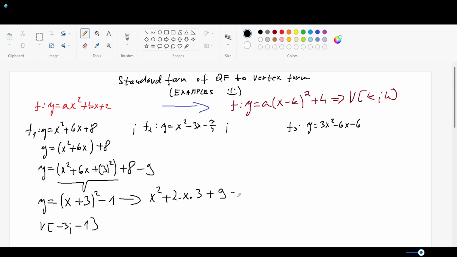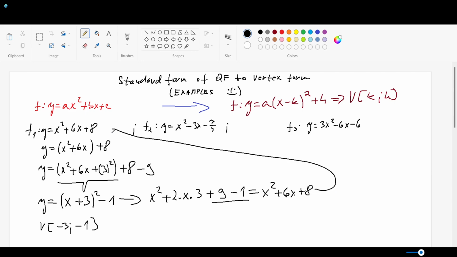Take away 1, and this is equal to x squared plus 6x plus 8. And we are back in the standard form of the quadratic function.